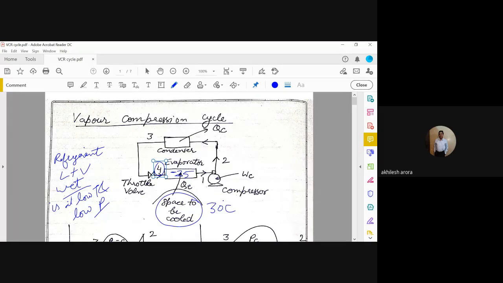You know heat always flows from high temperature to low temperature. So heat will start flowing from the products to be cooled to the refrigerant flowing in the evaporator. This is a sort of latent heat. Once the latent heat is given to the wet refrigerant, its state will change to dry saturated vapor.